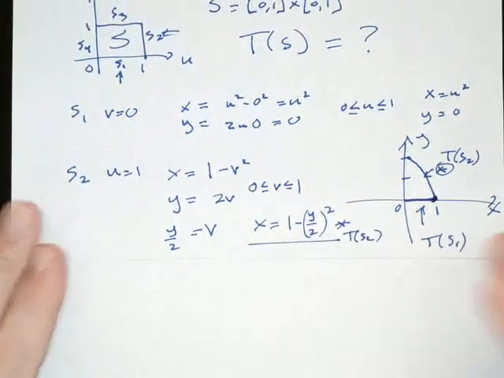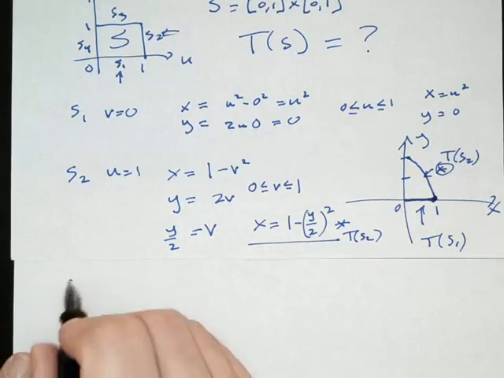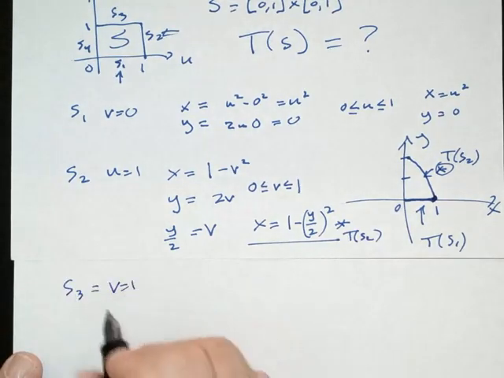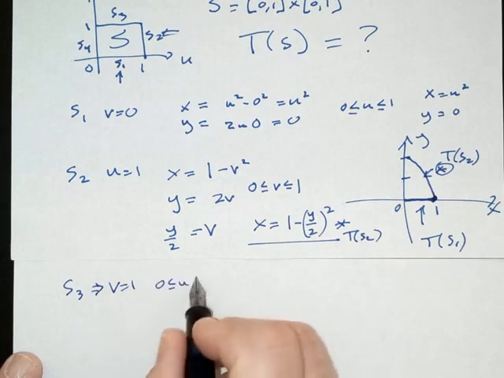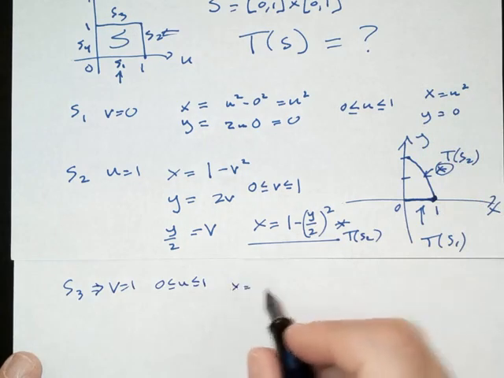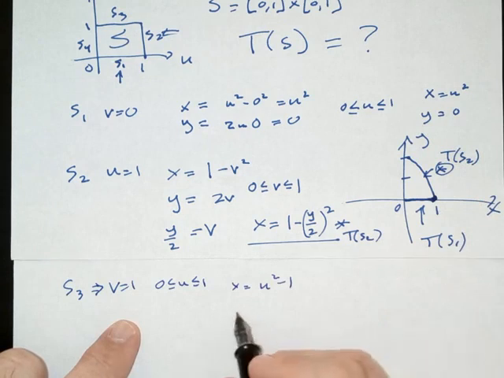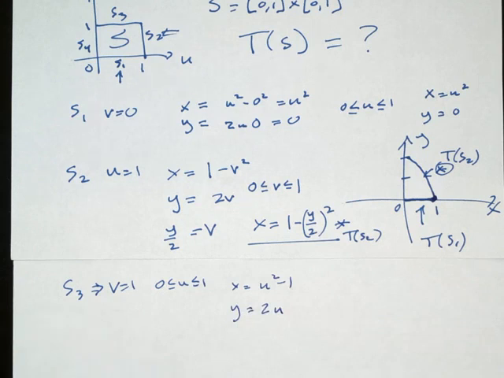Go back to my original picture up there. What do I know about side 3? Side 3, V equals 1, 0 less than or equal to U less than or equal to 1. Go back to my equations. X equals U squared minus V squared, Y equals 2 times U times V. V is 1. That looks really familiar, doesn't it? It almost looks like the mirror image of the previous one.